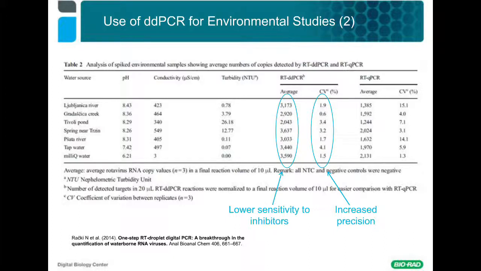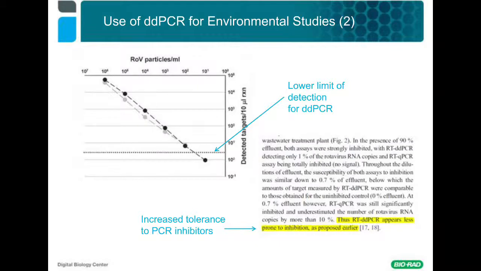They also demonstrated, by spiking the rotavirus RNA into the water samples, that ddPCR had a lower limit of detection in this type of matrix. They attributed this to the increased tolerance to PCR inhibitors that was already proposed earlier.